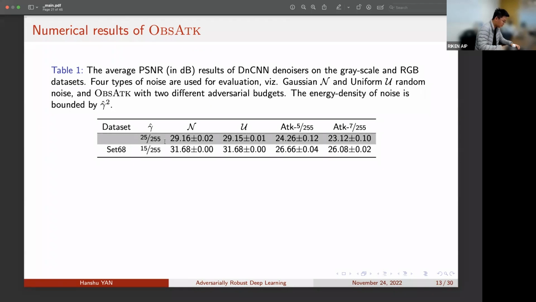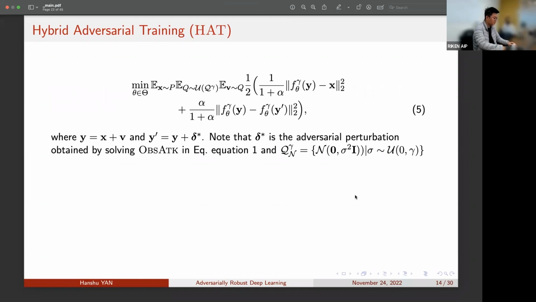At each level, the denoiser can effectively reconstruct an image from Gaussian noise and uniform noise, with PSNR quite high, around 29. But if we add some adversarial noise into the image, the performance degrades quite a lot. The PSNR dropped to 24 or 23. So now we know that normally trained denoisers are not robust, and are quite vulnerable to adversarial attacks.